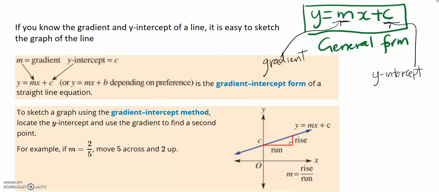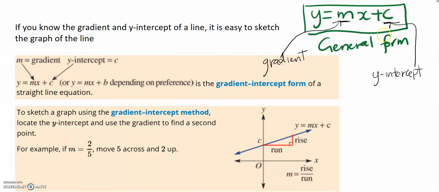As we learned earlier, if the number represented by the gradient is bigger, it's a steeper line. If it's smaller, then it's less steep. And we've also learned how a negative or positive gradient determines the direction of the line.